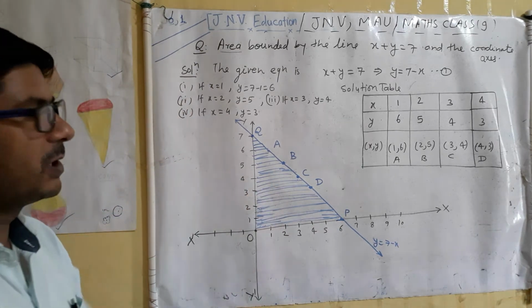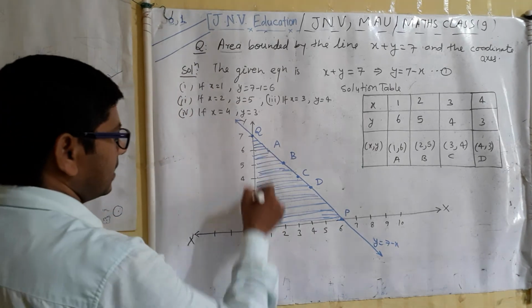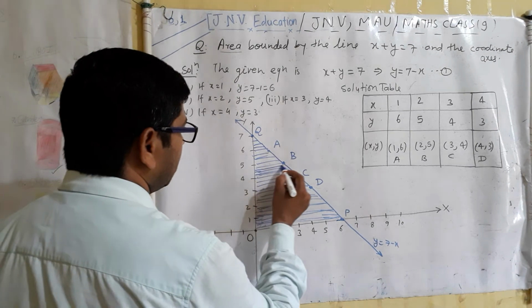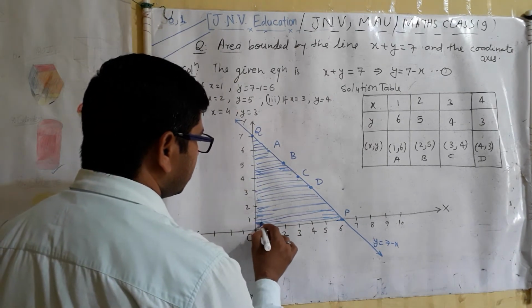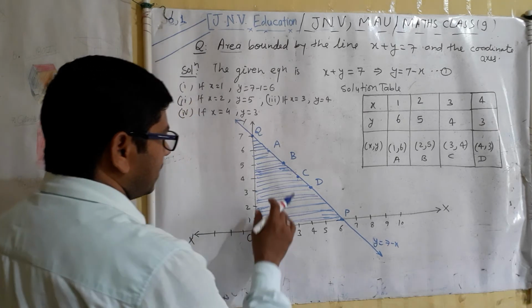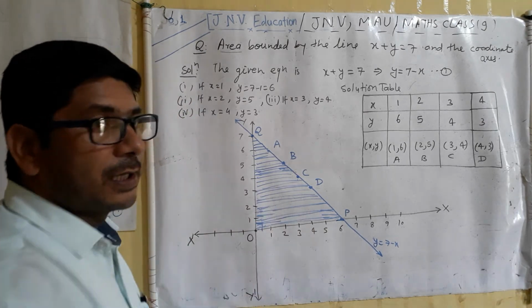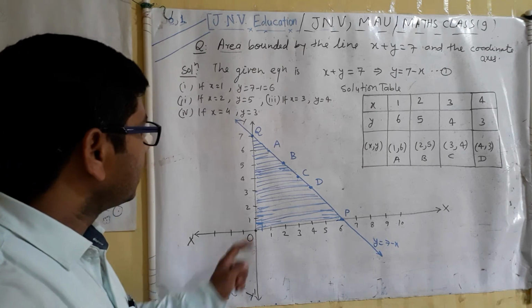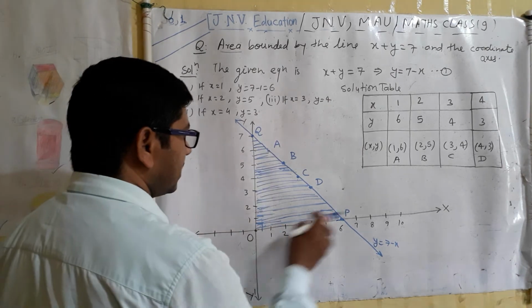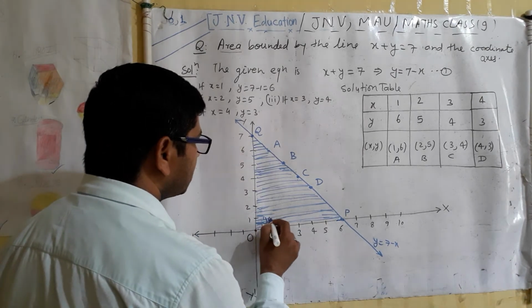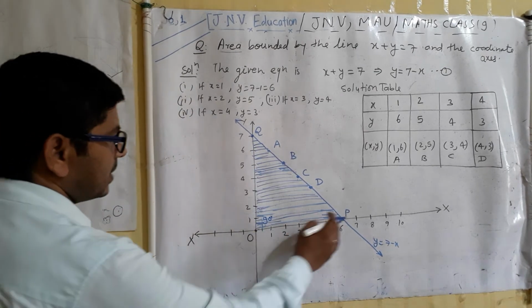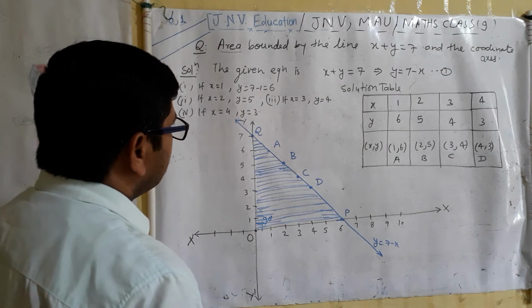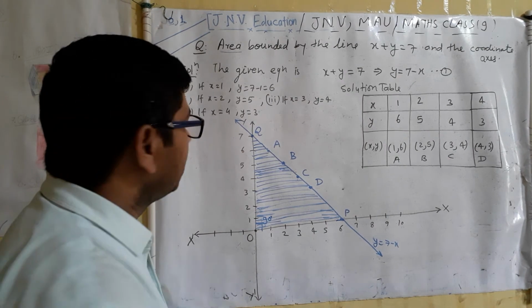We have to calculate the area of this region. And can you tell me what kind of region this is? Since coordinate axes intersect at right angle, so this triangle is what kind of triangle? Right angle triangle. So this region is also termed as right triangle region.